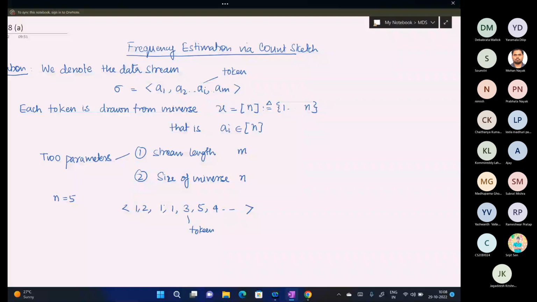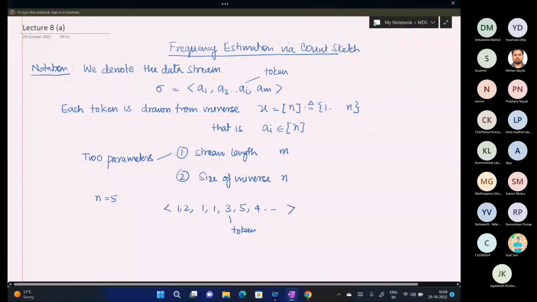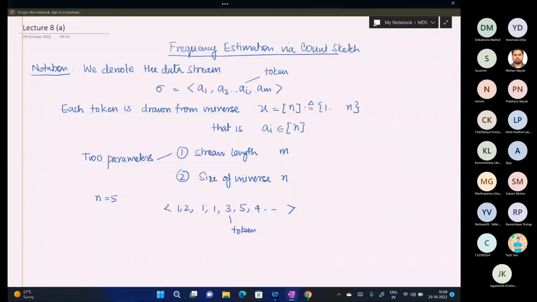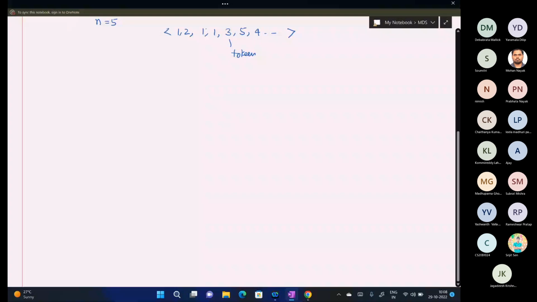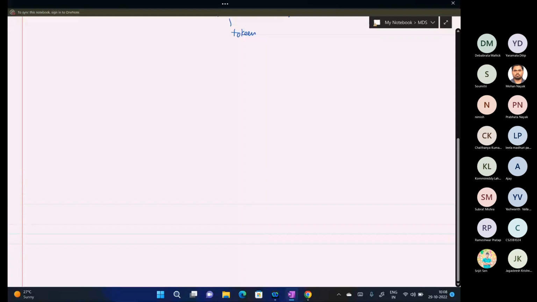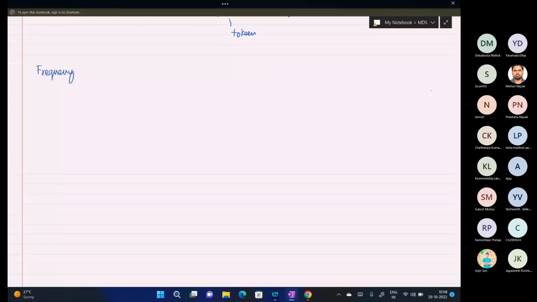Now we recall the problem of frequency estimation via count sketch.